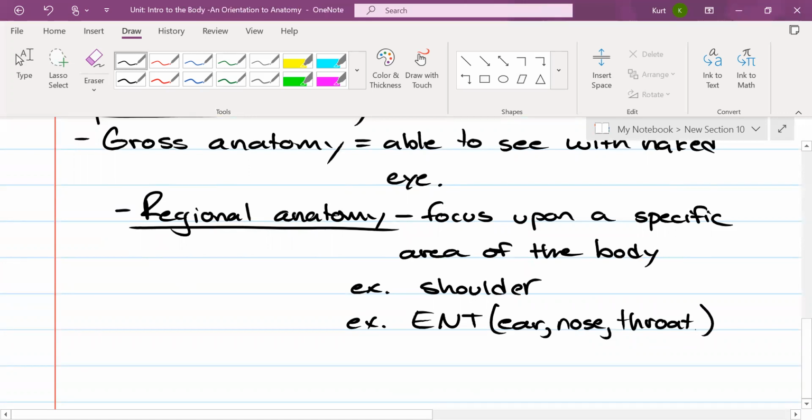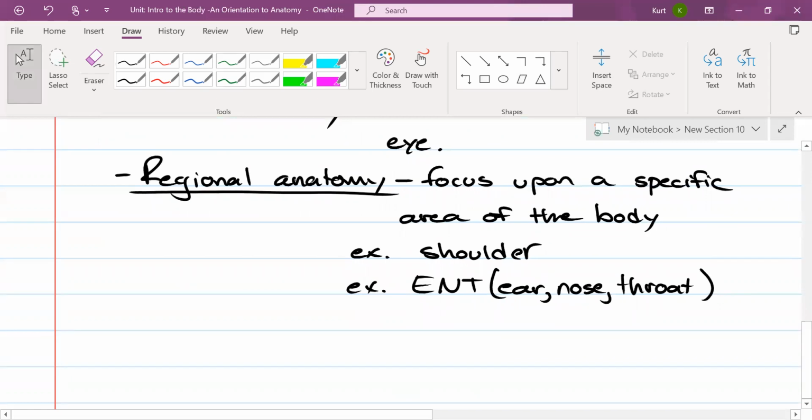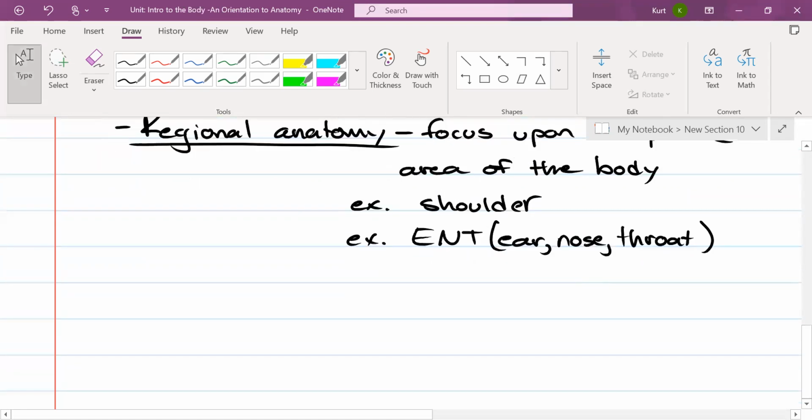If I had an ear, nose, and throat problem, I'm not going to go to a podiatrist, which is a doctor that studies the feet. A lot of doctors have expertise based on a certain region of the body. Podiatry is feet. Proctology is more of your rear end. Cardiovascular, cardiologist, heart, neurologist, brain, dermatologist, skin, endodontist, teeth, and so on and so on.